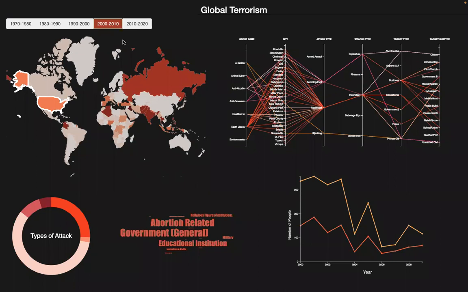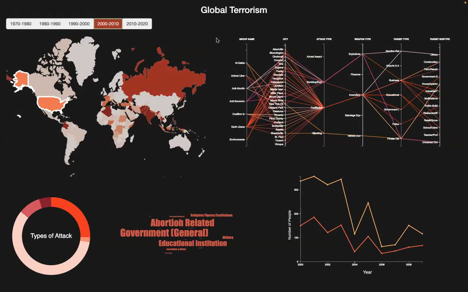Now, moving on to the second visualization, here we have a parallel coordinate plot where we are showing various axes such as the name of the group which conducted the attack, the city where the attack happened, the type of attack, the type of weapon, and so on. A parallel coordinate plot basically helps us correlate variables with each other.